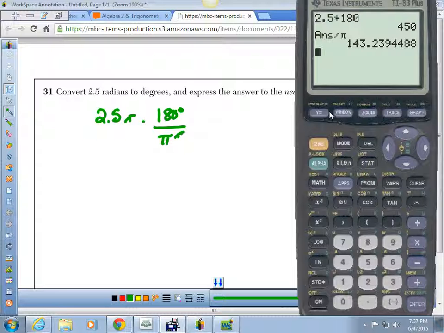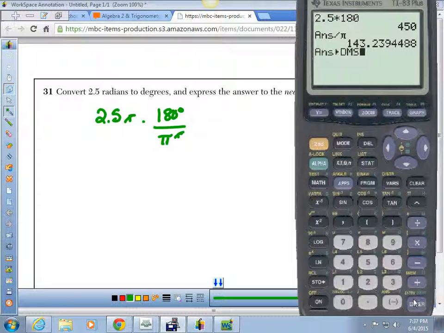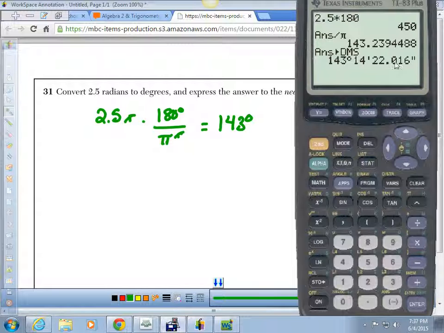Where do I go in the calculator to change this regular decimal notation into degrees, minutes, and seconds? The angle menu. Yep, second apps, and then option number 4 is going to turn us into degrees, minutes, and seconds. Okay, so we have 143 degrees, and currently we have 14 minutes.